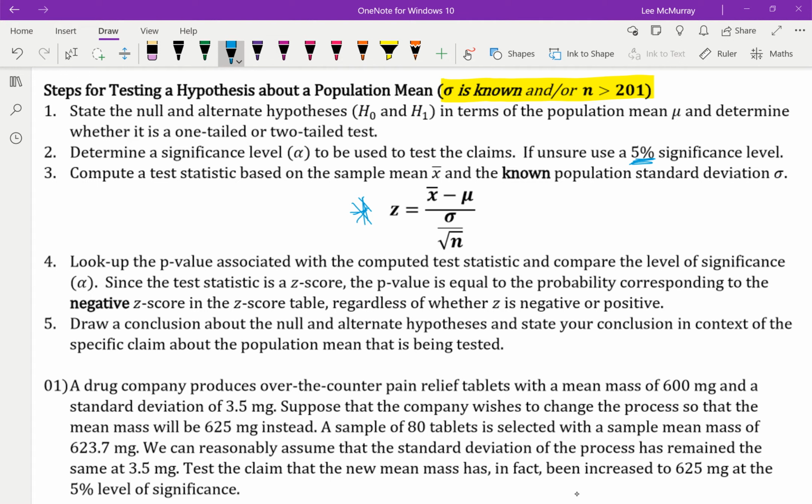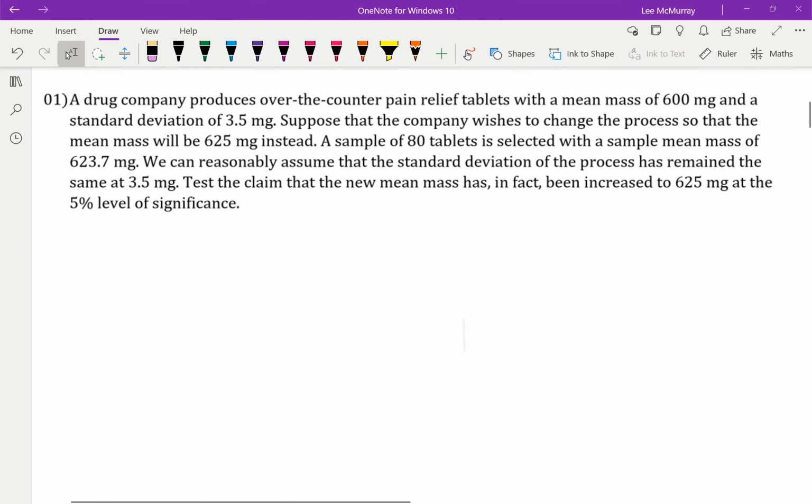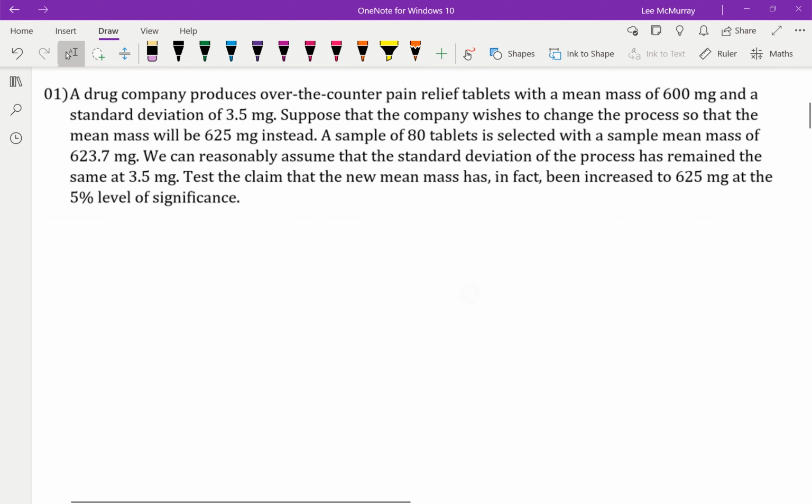So again, that's just something we've already discussed. And finally, at the end, we're going to draw a conclusion about the null and alternate hypothesis and state our conclusion in the context of the specific claim about the population mean that is being tested. All right. So if you haven't memorized those steps yet, don't worry. We'll have lots of practice today to review them.